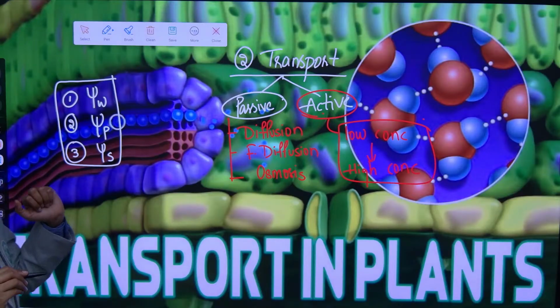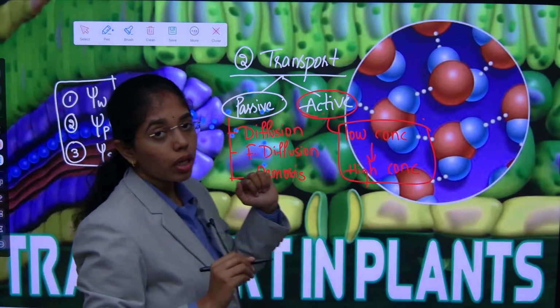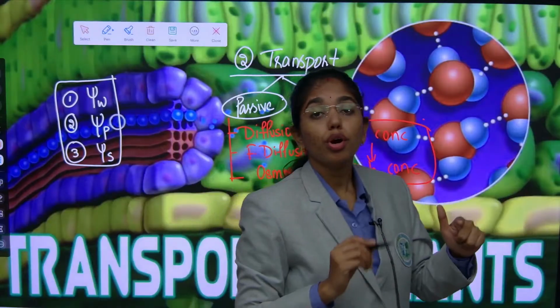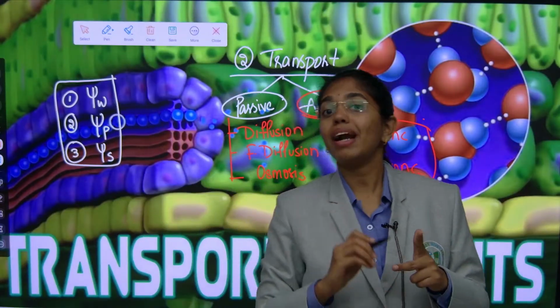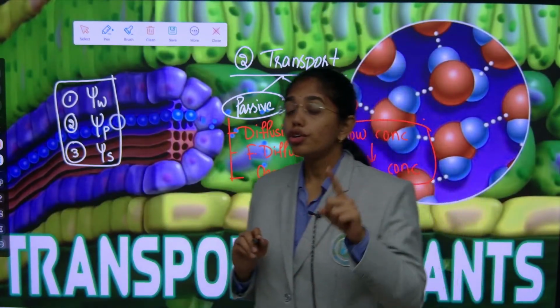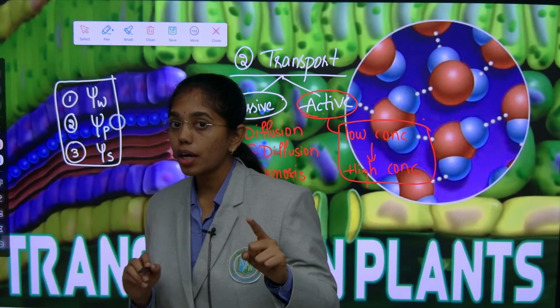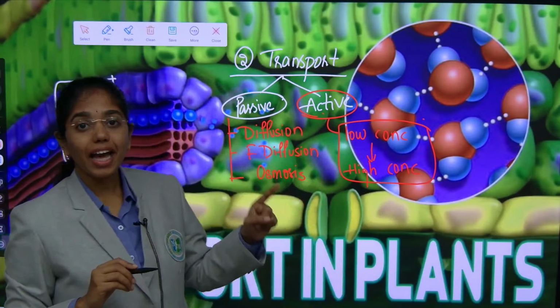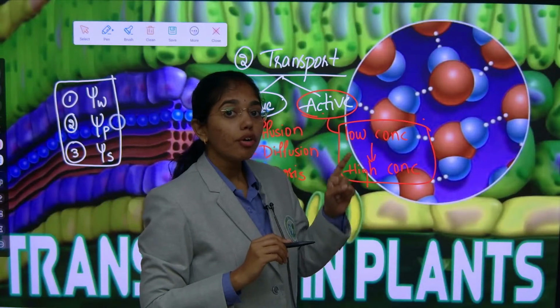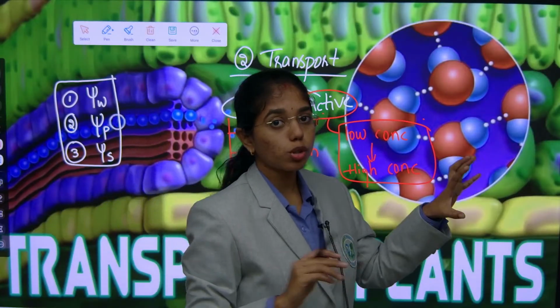After which you will move on to long distance transport, where you will be exposed to unidirectional transport and multidirectional transport. Unidirectional transport occurs in xylem, multidirectional transport occurs in phloem, that is from source to sink.